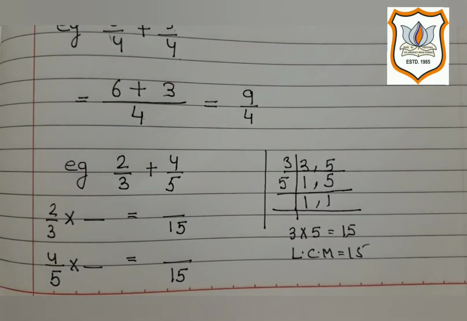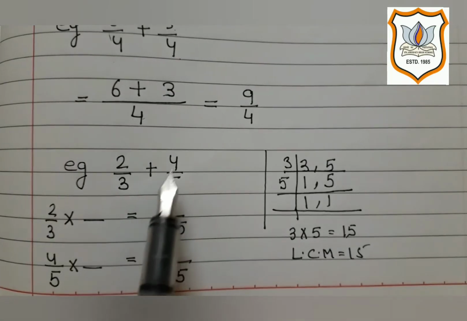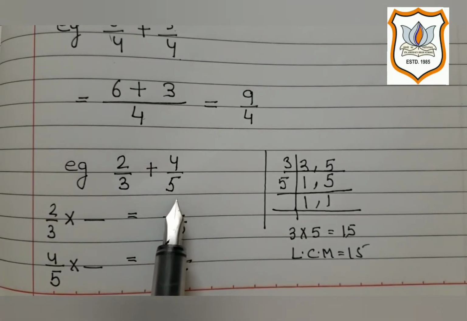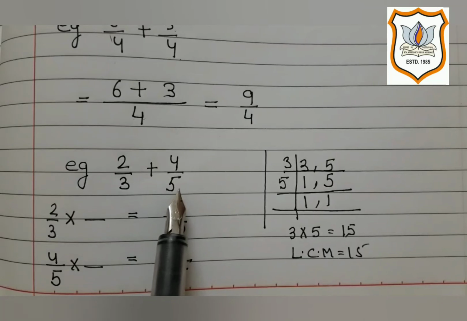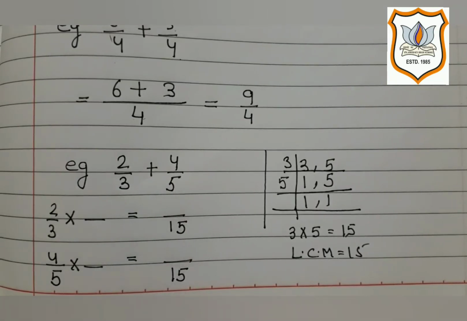Another example is 2 upon 3 plus 4 upon 5. Here the denominators are different, so they are unlike fractions. If we have to add unlike fractions, first we have to make their denominators the same. It means we have to convert them into like fractions. And this can be done by taking LCM of denominators.